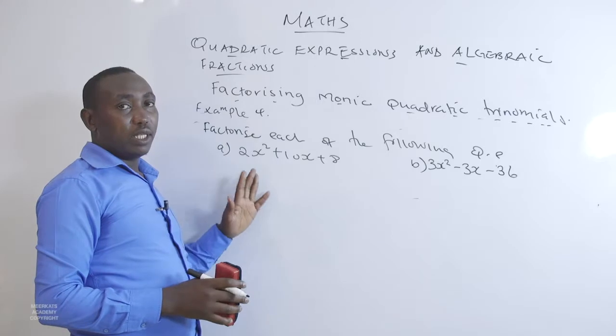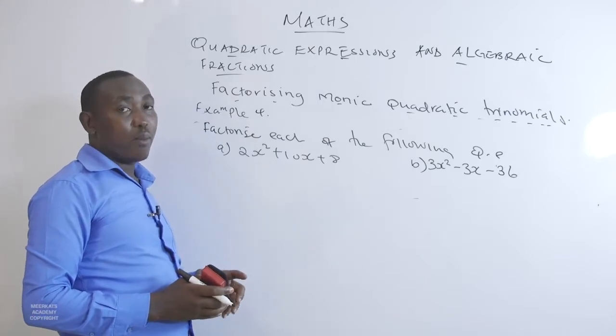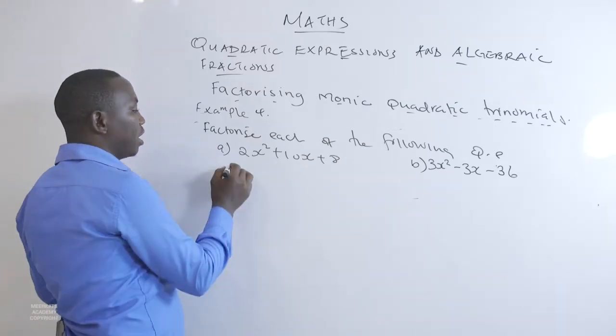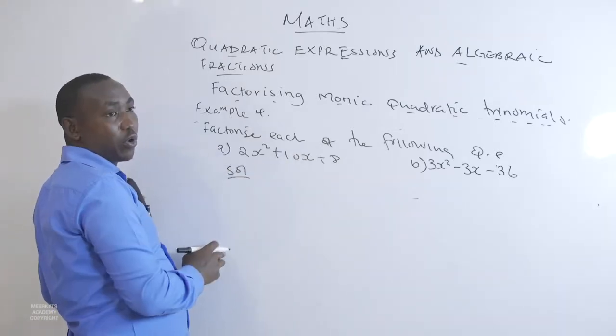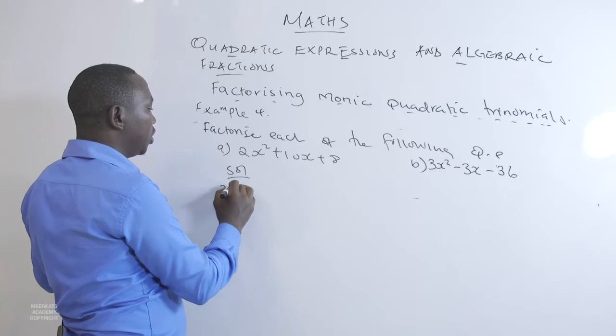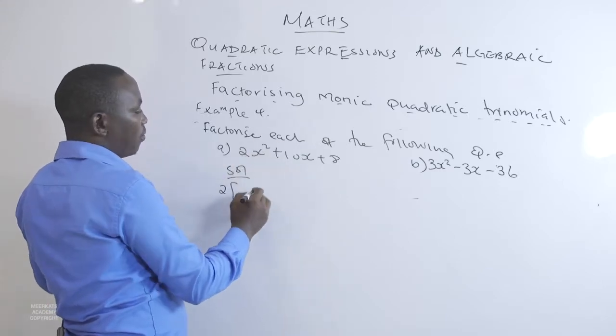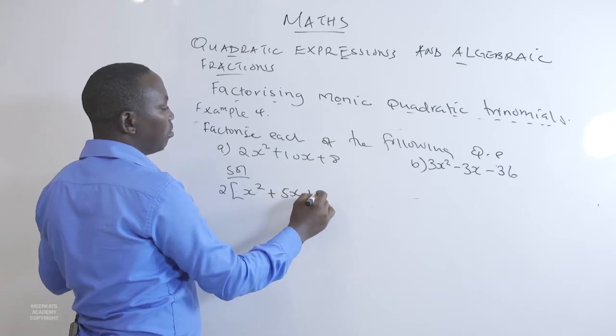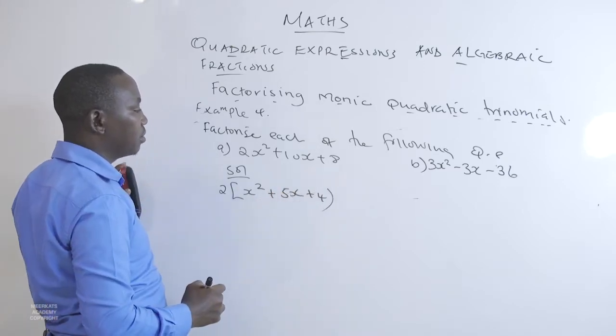As you can see, these two expressions are not monic. We must make them monic by factoring out a common term. So in the first expression we're going to factor out 2, so this will be 2 into x squared plus 5x plus 4.